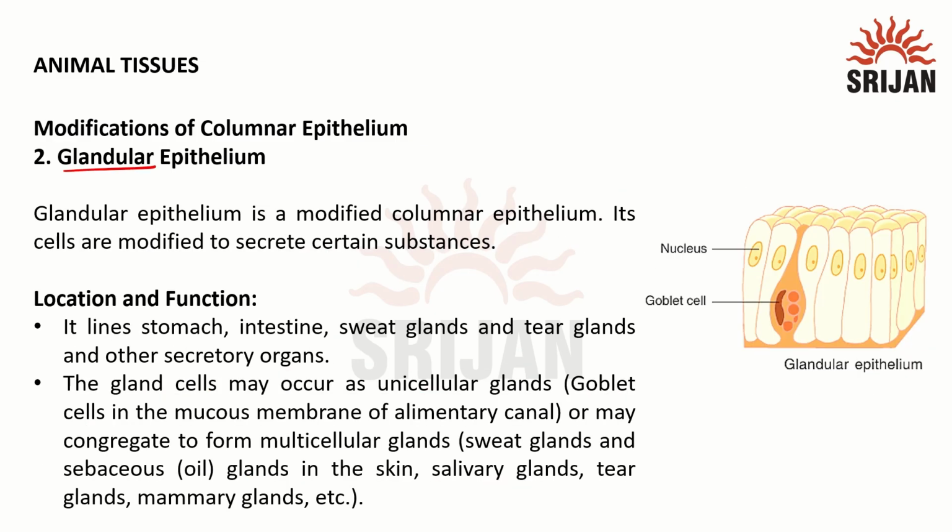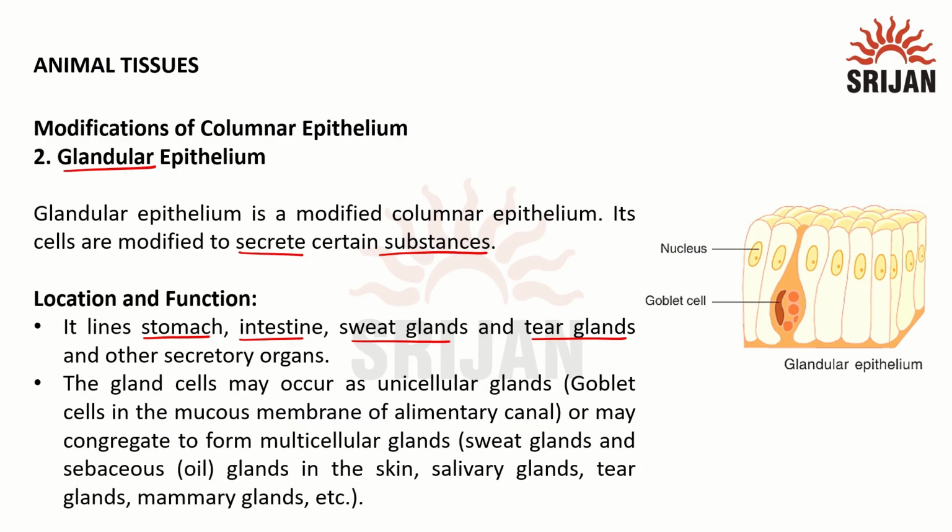Second, we have glandular. As the name says, it helps in secretion of certain substances. So these are modifications where we need the secretion of enzymes in case of stomach, secretion of hormones, etc. These are found in the lining of stomach, intestine, sweat gland and tear gland. Other secretory glands can also have these modified columnar cells.